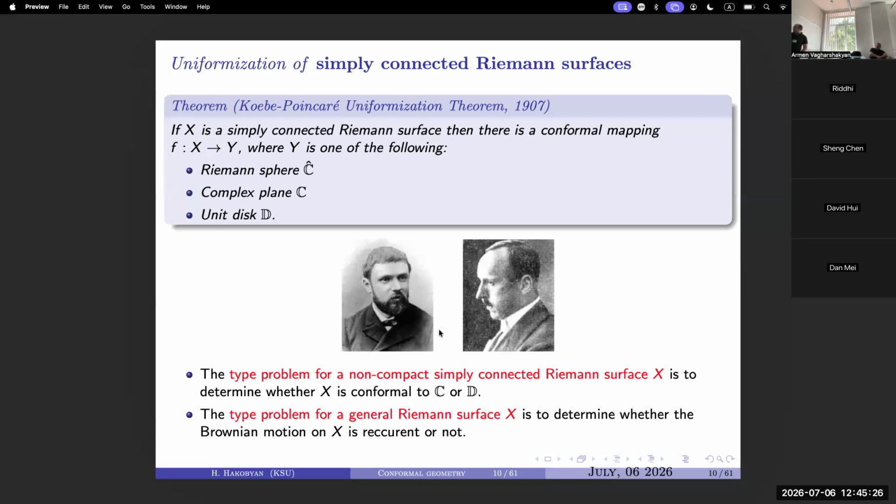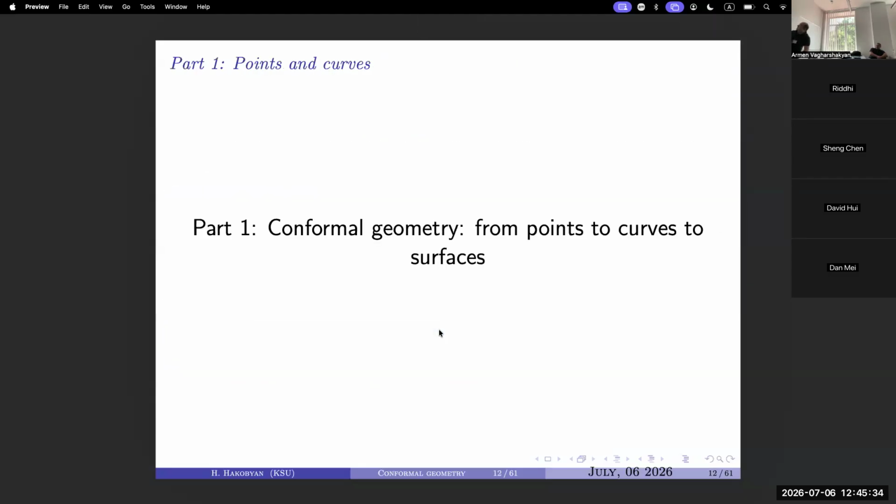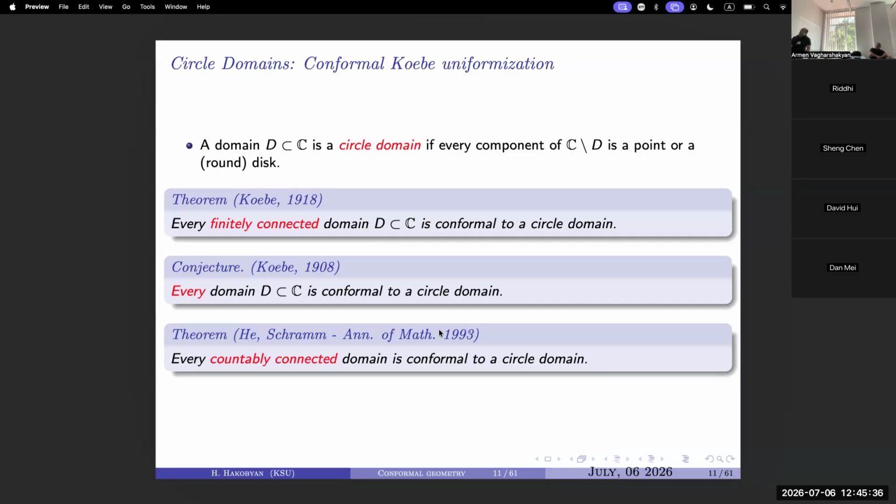The first example is the following. If you think this is kind of an easy problem, let's look at it. Let me just do more general versions of the Riemann mapping theorem. A circle domain is a domain whose every component of the boundary is a point or a circle.